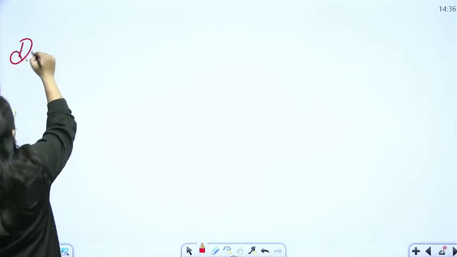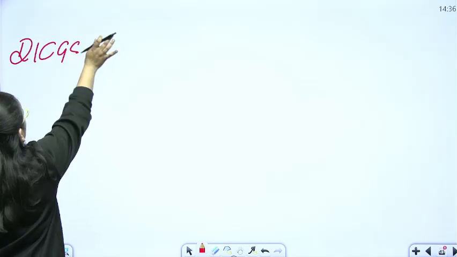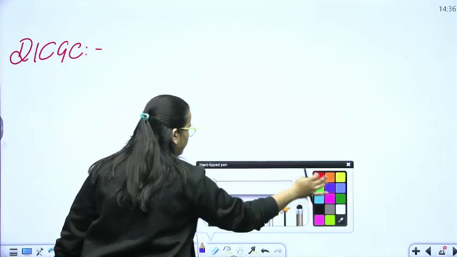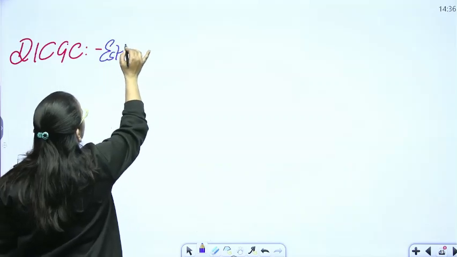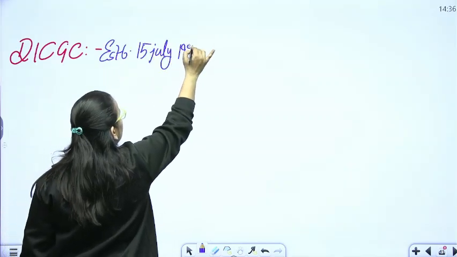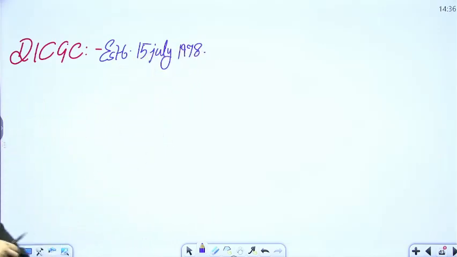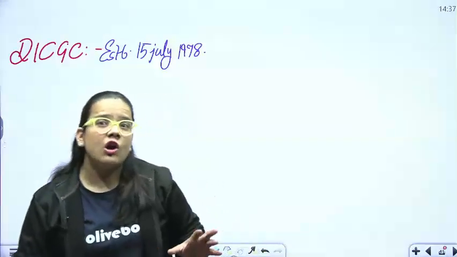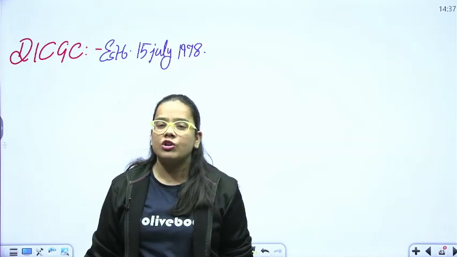DICGC was established on 15th July 1978. This particular subsidiary was established in 1978, and as the name already defines, let's talk about the function of DICGC.